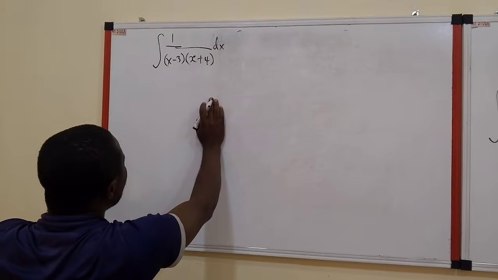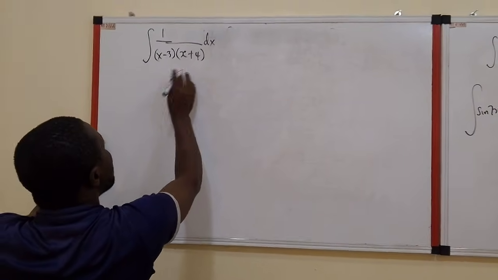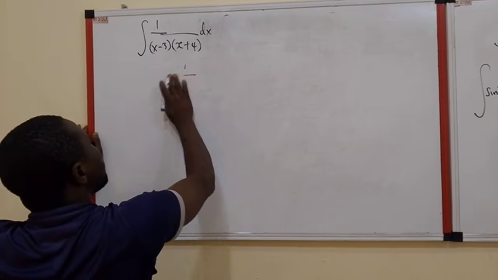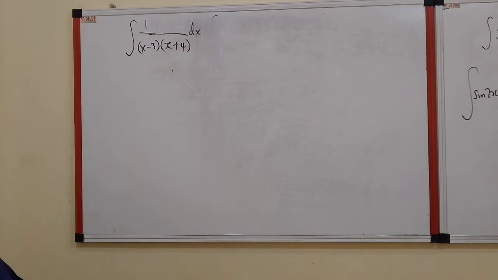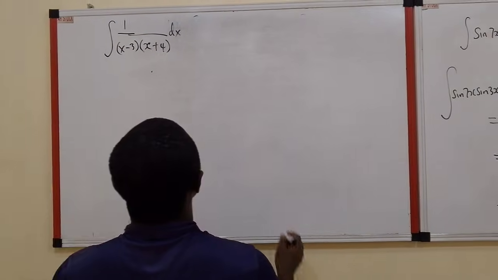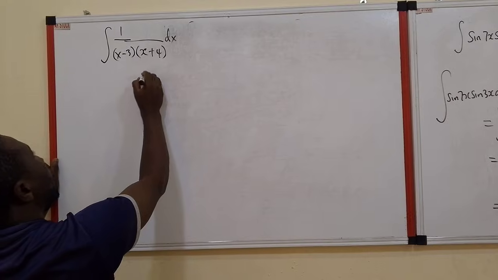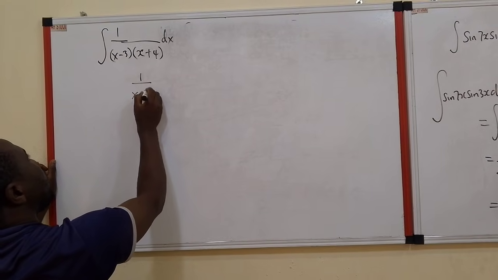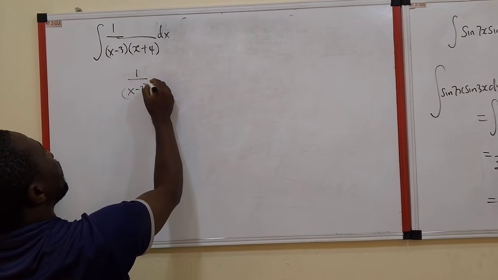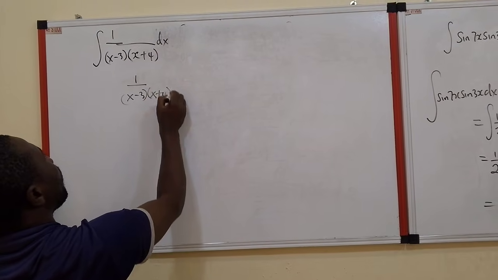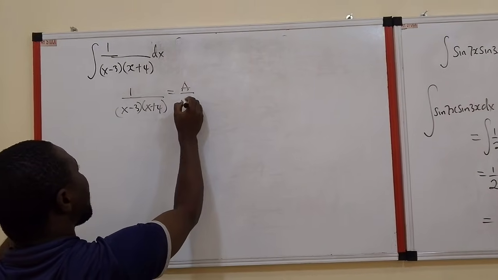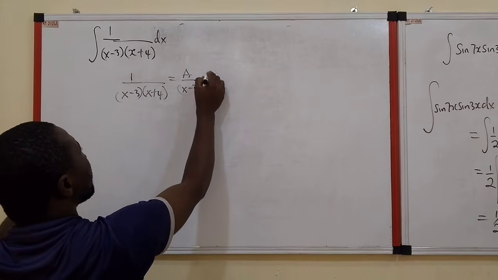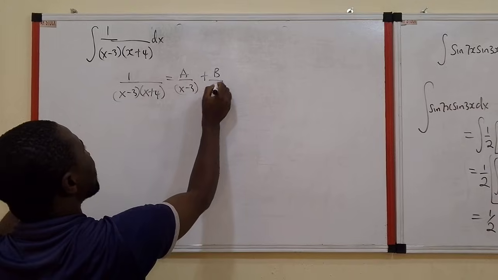So this is what we are going to do. This 1 over x minus 3, x plus 4 is equal to a over x minus 3 plus b over x plus 4.